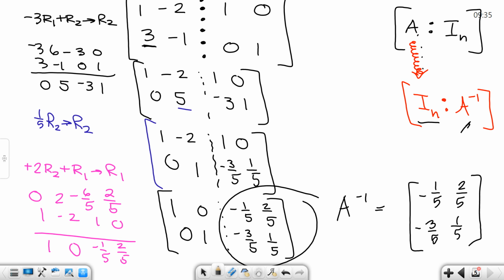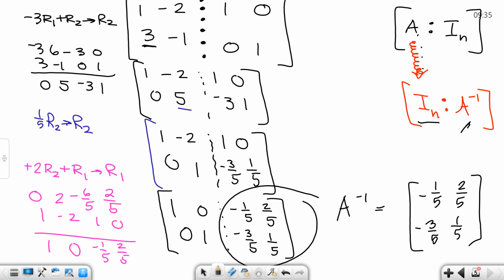And that's your inverse. Still the long way. Still not the way I want you to do it on the test.